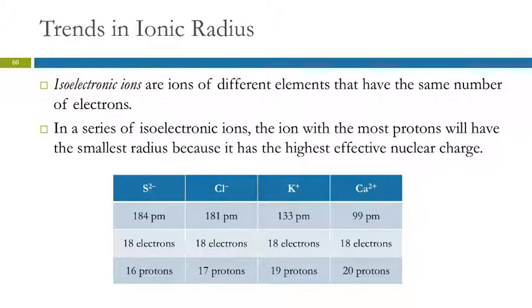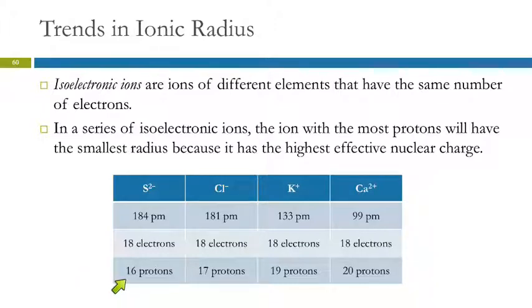Iso is a prefix that means the same. So isoelectronic ions are ions that have the same number of electrons. So we can look at this series of ions, sulfide, chloride, potassium, and calcium. They all have 18 electrons, the same electron configuration as argon.